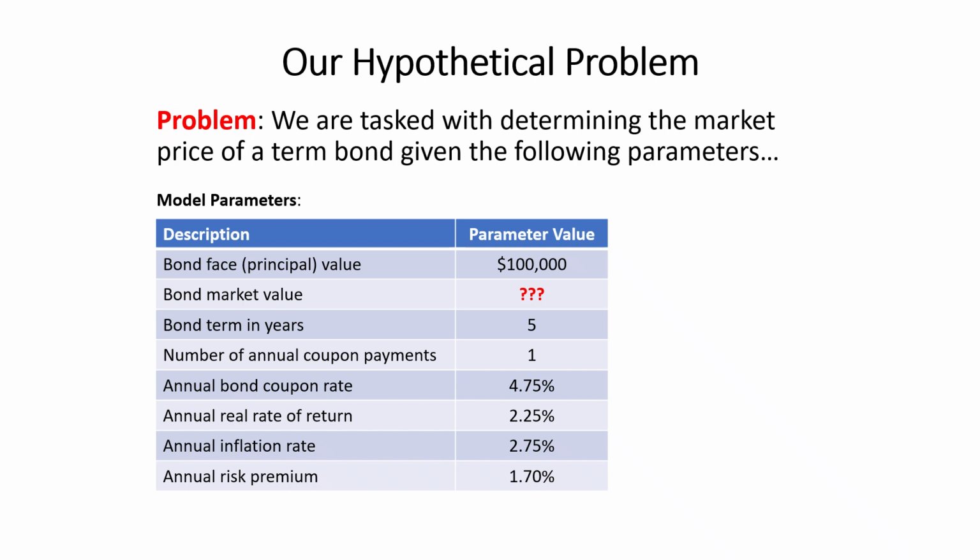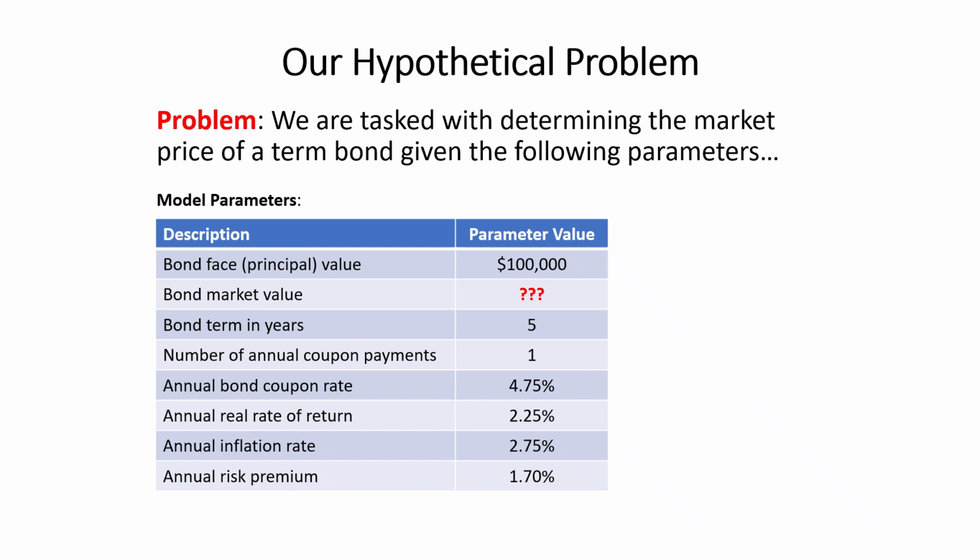That real rate of return is going to fluctuate every month, but for this video, we'll use 2.25% as the real rate of return, which is the rate of return that the bondholder wants to earn after inflation. We'll assume the inflation rate is 2.75%.